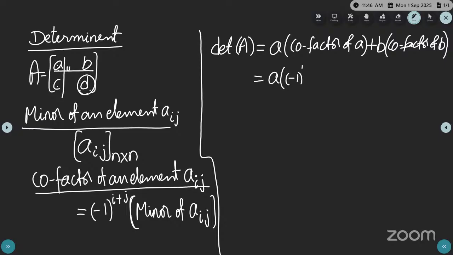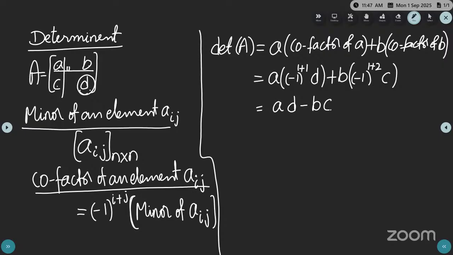Minus 1 power 1 plus 1 into minor of A. What is minor of A? D. Plus B into cofactor of B. What is cofactor of B? Minus 1 power, B is in first row, second column, 1 plus 2. What is minor of B? C. What is it now? AD minus BC. Have you got it or not?